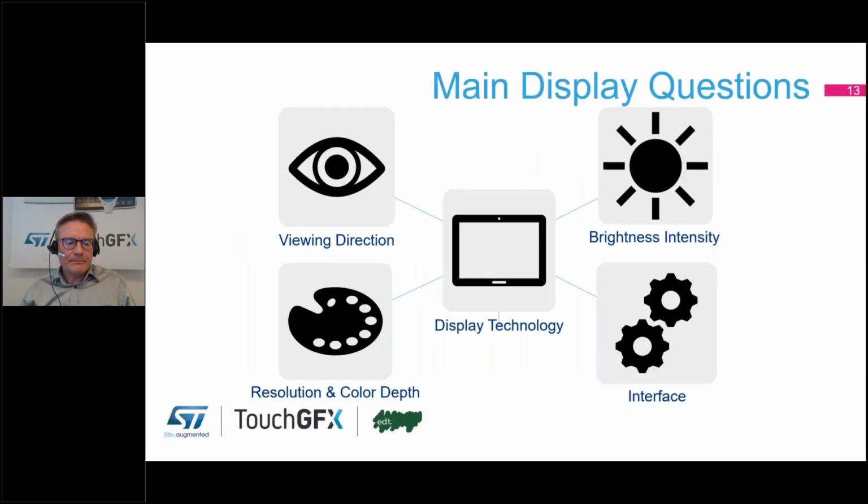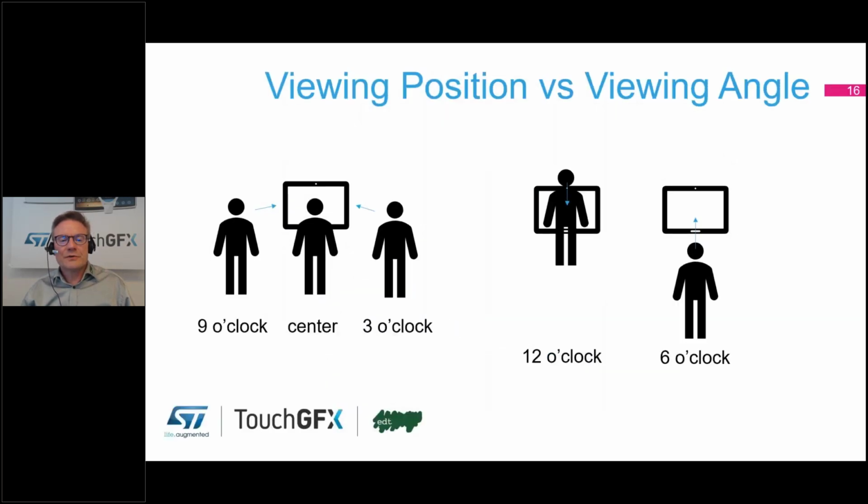All right. The third issue concerning a display will be the viewing direction or viewing position. And you have to be careful not to mix that up with viewing angle. If you look in the data sheet of a display, you will find a definition called viewing angle.